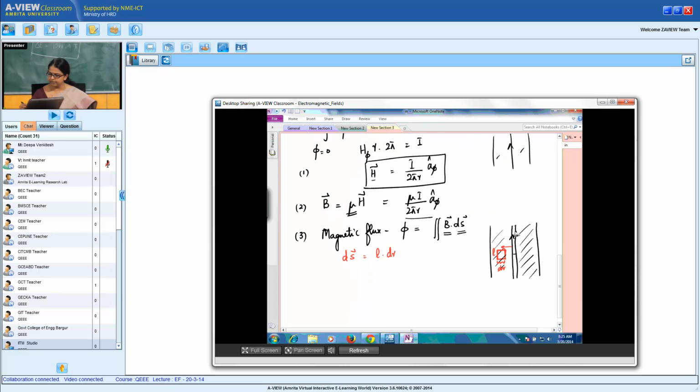I have drawn a lateral section, so a phi, so this should be a phi.